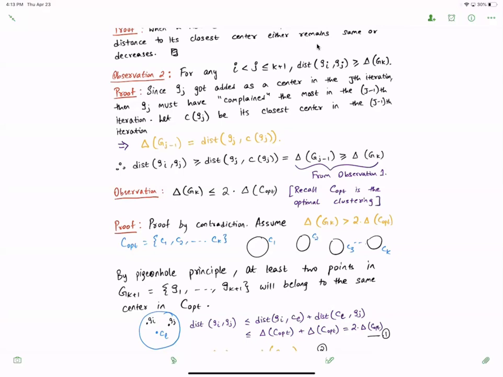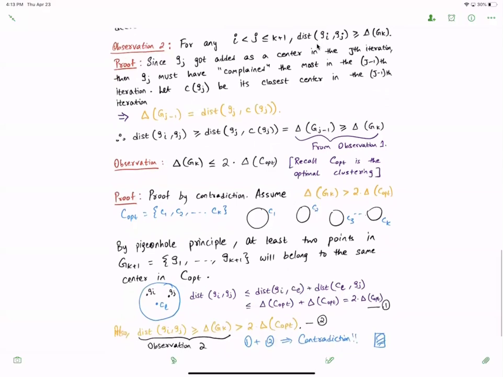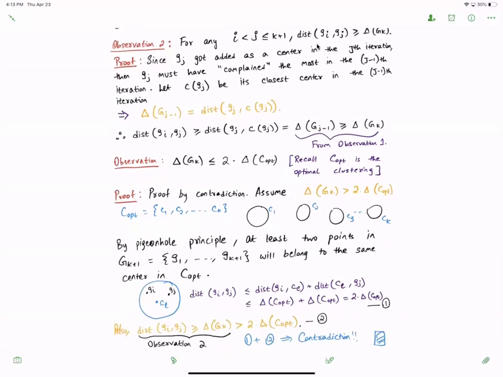Now let's go back to observation 2. What did it say? It said the distance between Gi and Gj is at least delta Gk. That's what I've written. And what did I assume here? In orange, I've written that delta of Gk is at least 2 times delta C-opt.